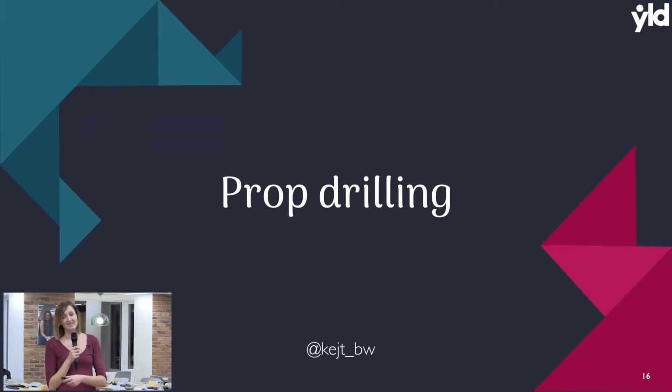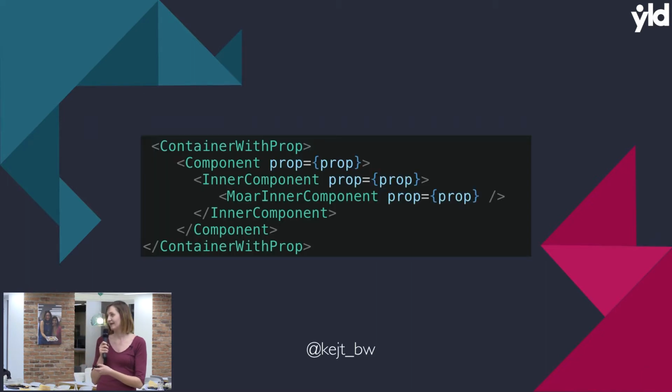So prop drilling is a thing which came up when you want to pass some props from a really high parent container to a nested component which is really nested, even lower than in my example.